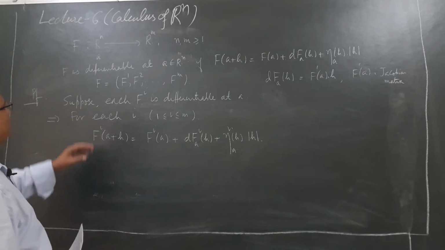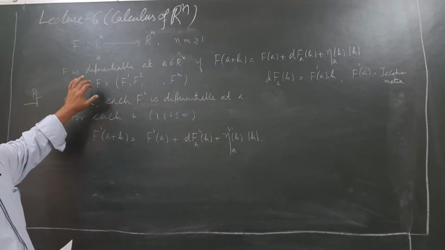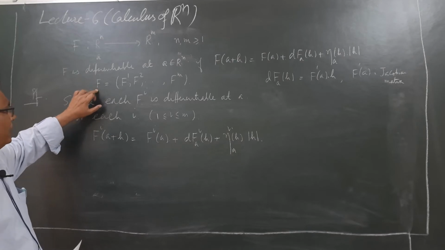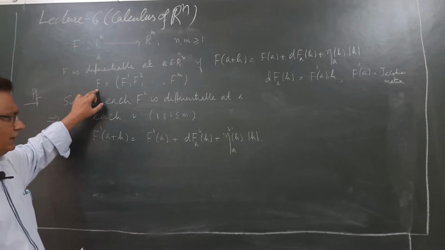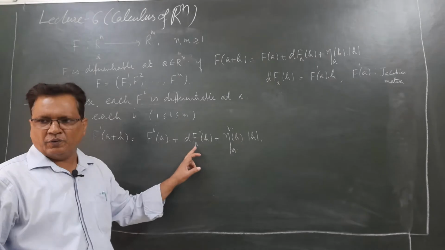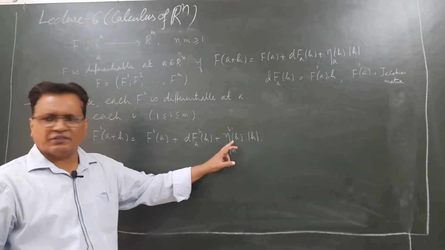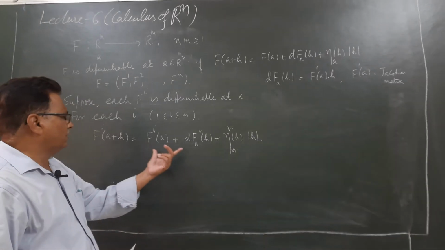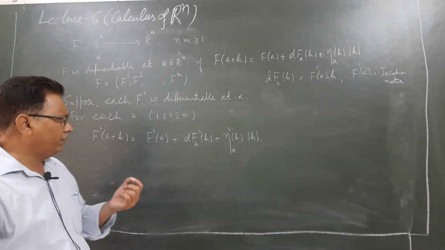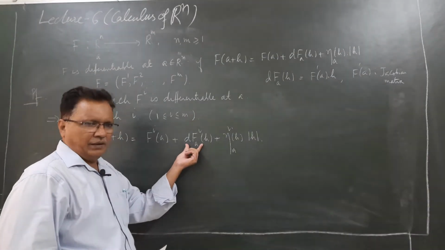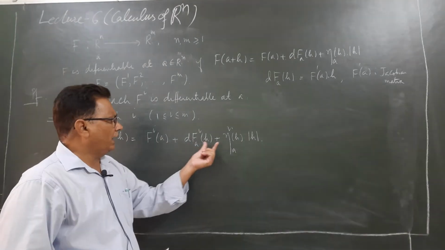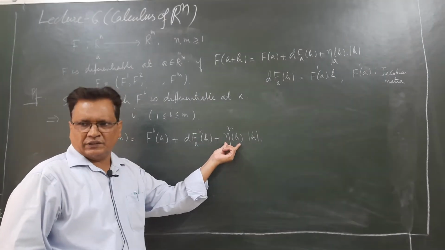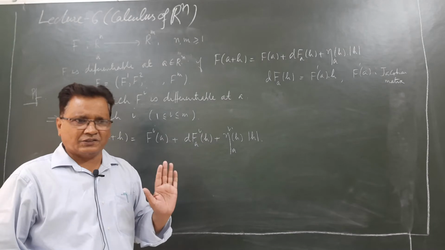Now I am interested in finding the Taylor series for f. So for that I have to find a linear function sitting over here, and a continuous function at 0 sitting over here. While I write down this Taylor series, one should keep in mind that this is a linear map, and this is a continuous function which are available to us.